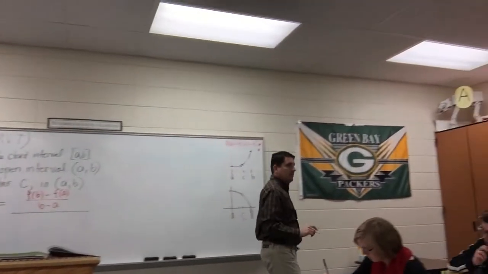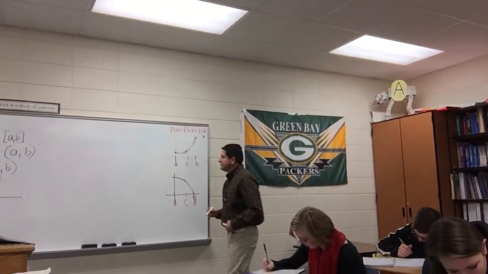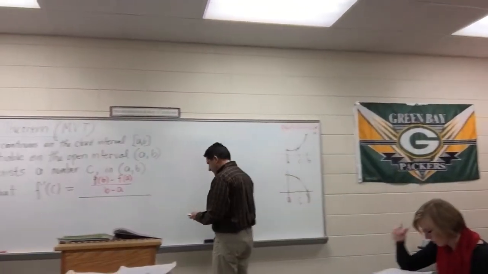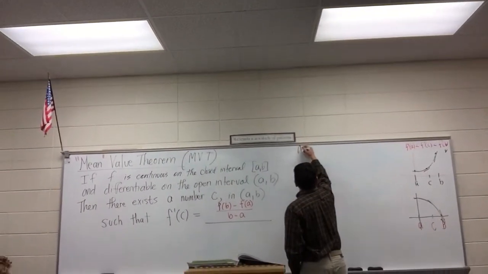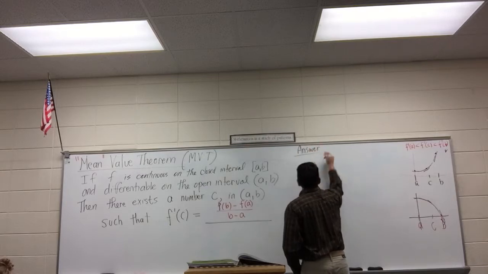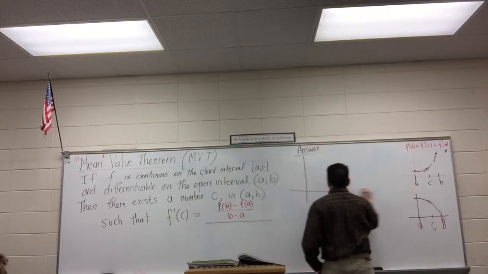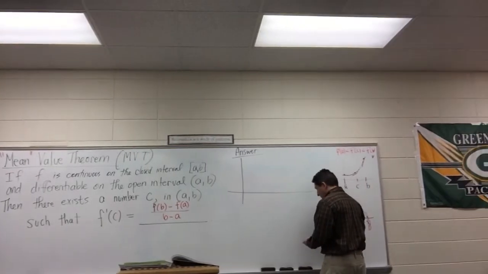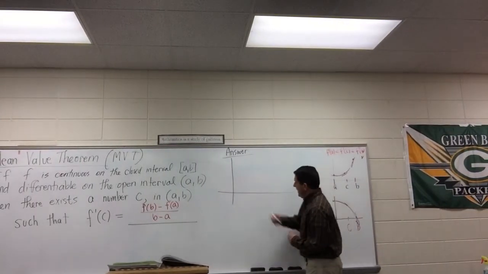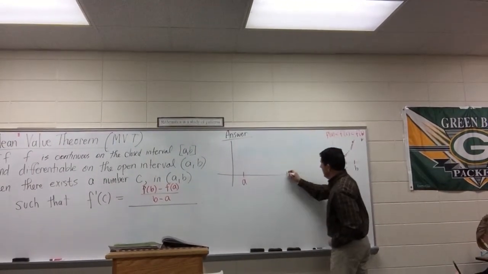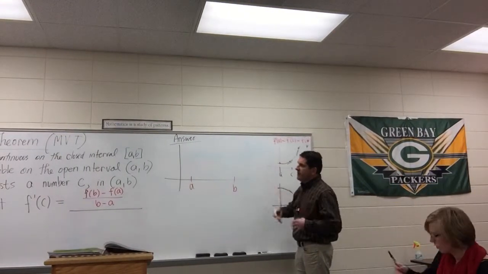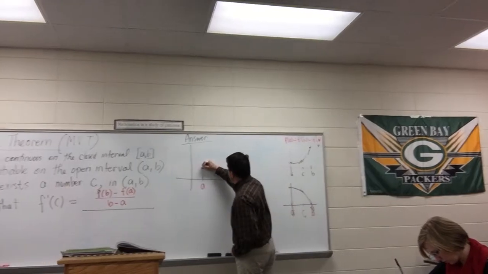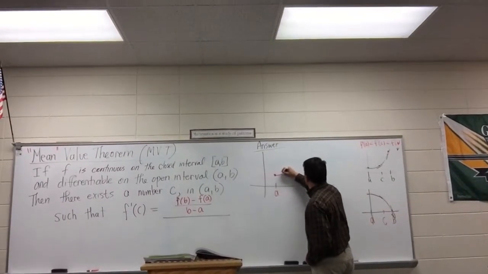Let me explain how this works, and then I'm going to give you a practical example of it. Okay, so this is an answer in a graphical form. I have this point A, which is my starting point, and B, which is my ending point. And then it's continuous and differentiable, so I'll make it kind of easy.